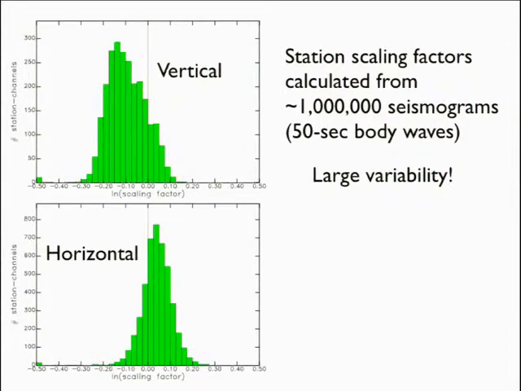So an initial test that we did was to calculate scaling factors for all synthetic seismograms that we generate in the CMT project, calculating for each station for every earthquake the scaling factor, not accounting for any of the wave propagation effects, just getting a raw number and averaging it over all observed seismic events. And we get a large range. You can't see it, but it's plus or minus 30% here in terms of the scaling factor. And so that could either mean that stations are very poorly calibrated or there's stuff here that we don't understand, and it's actually the latter.